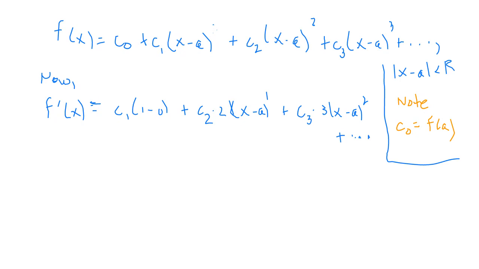The term with a disappears because a is a constant. So f prime of x equals c1 plus 2c2 times x minus a plus 3c3 times x minus a squared.